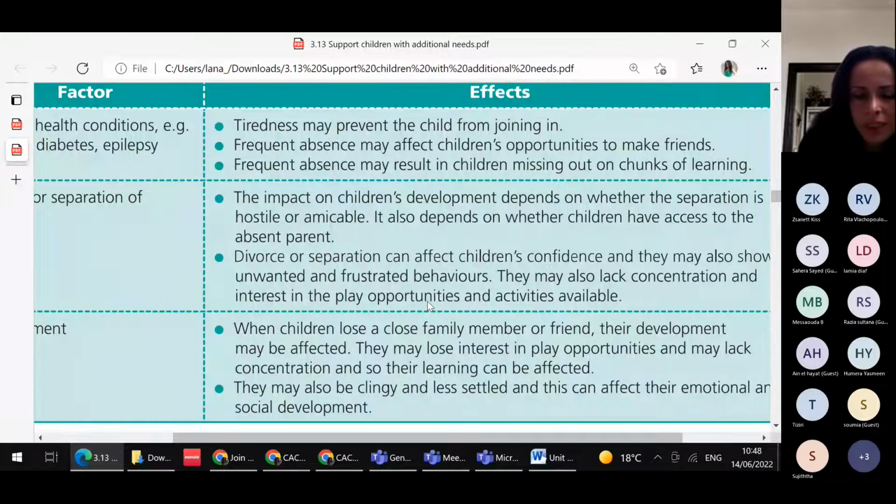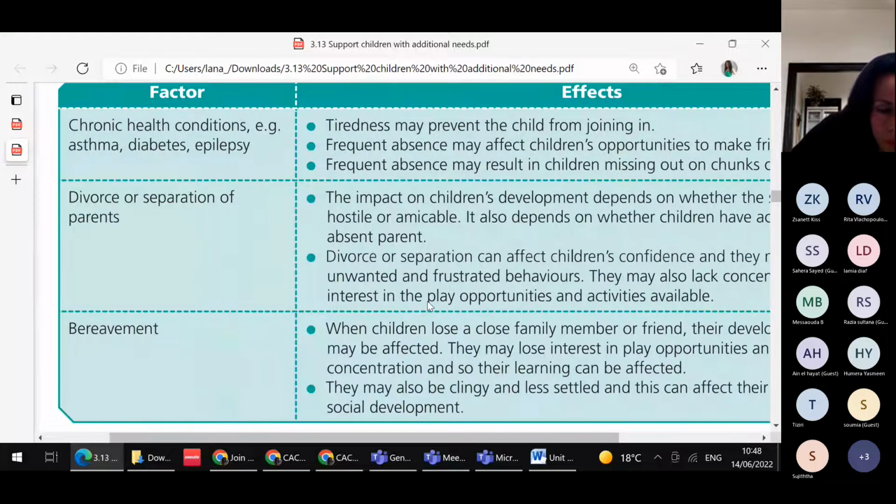Also, frequent absence may result in the child missing loss of learning, missing out. As we said, when they go to school, they will not be as developed as others. They would find it difficult to join other children as well.